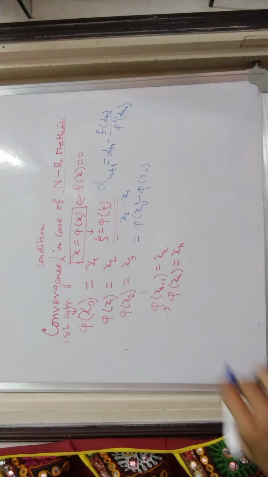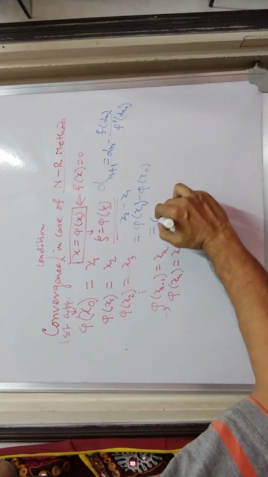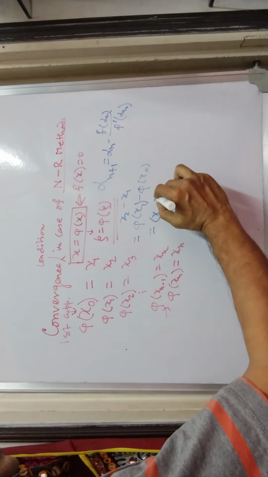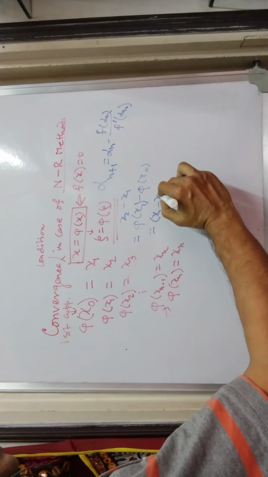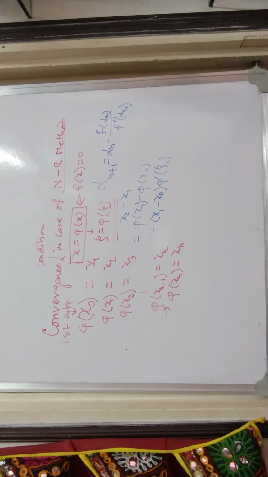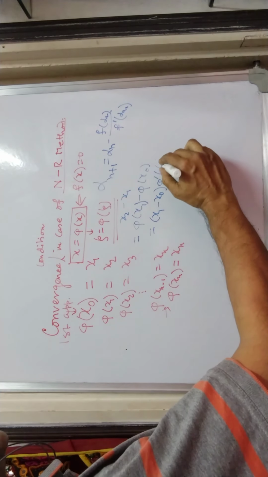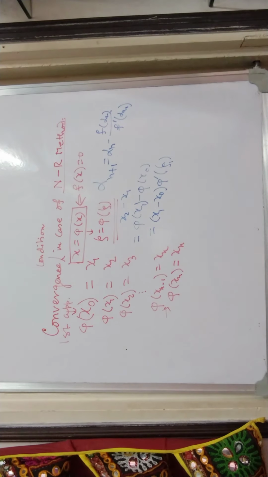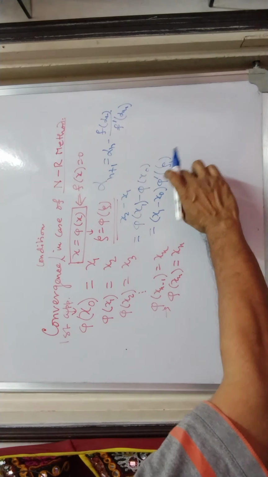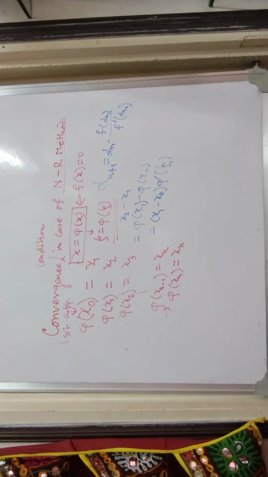And if we employ mean value theorem, this is nothing but phi prime(zeta1). Since we have written zeta here, let us keep it zeta1. So this zeta1 lies within x1 and x0.